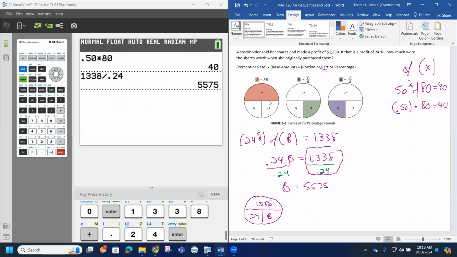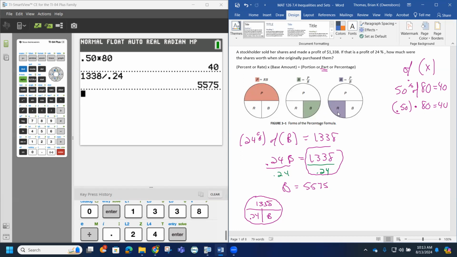Notice how all three of these formulas are basically the same, but the given information is different, and it gives you different relationships. If you're looking for the part, the portion, you'd multiply the rate times the base to give you that portion. That's what we're doing up here; it's a straight multiplication problem. The ones that get tricky are the division ones.